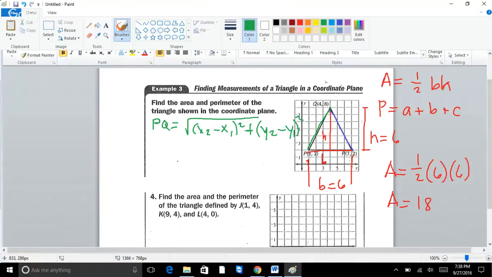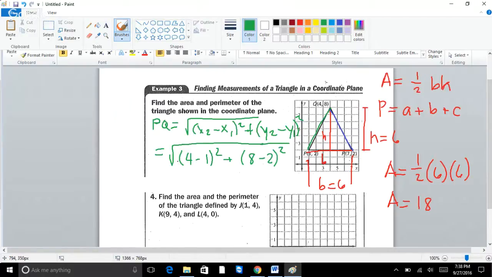And remember, I like to label them all so I remember what I'm doing. So I'm going to call Q x2, y2, and P x1, y1. Okay, so 4 minus 1 squared plus 8 minus 2 squared.